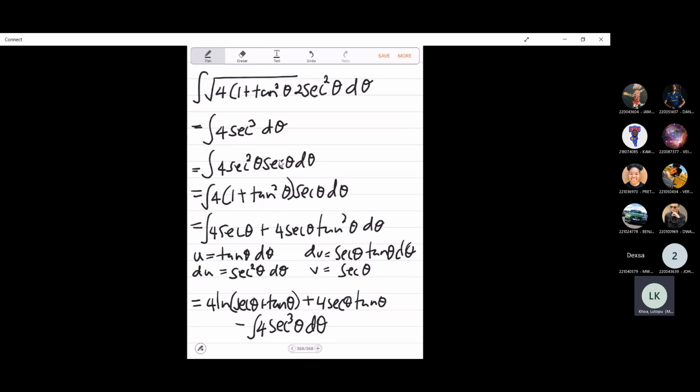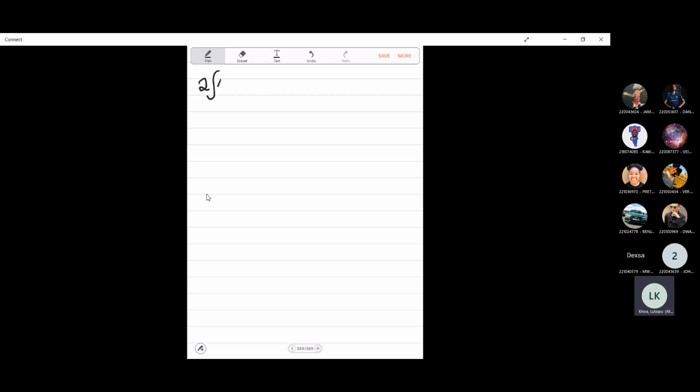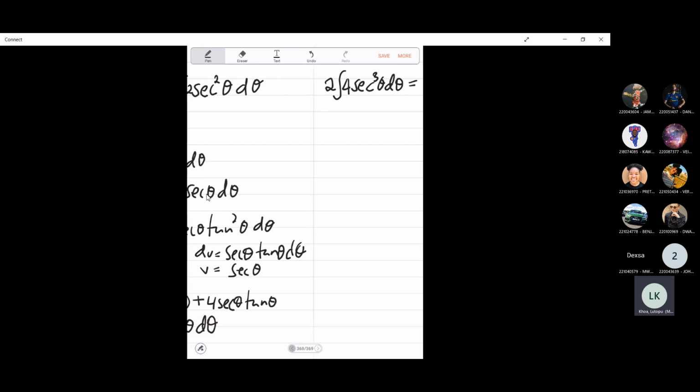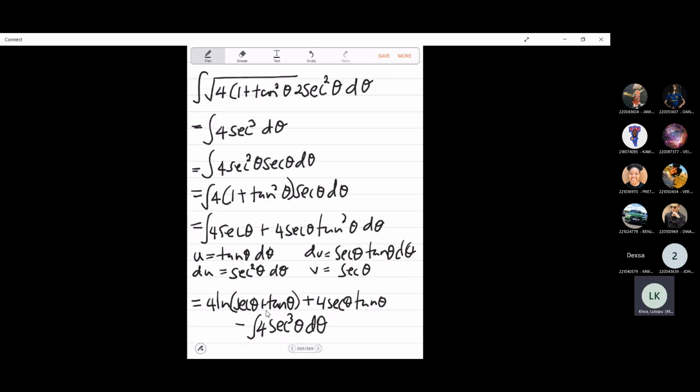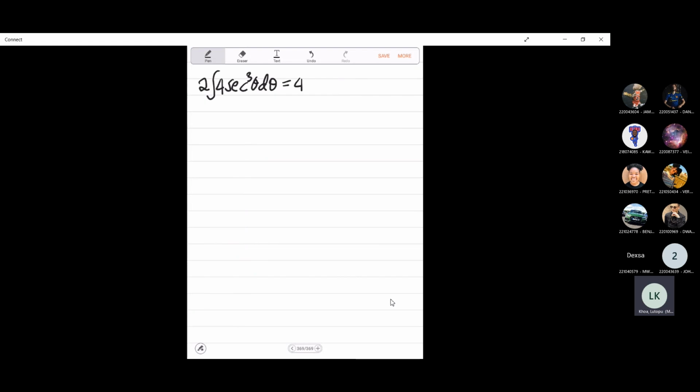So you can see this is what I started integrating, and the same thing has appeared over here. So I take this to the other side, then I would have 2 multiplied by 4 sec cubed theta d theta. This is equal to 4 times that. So we have 4 ln.